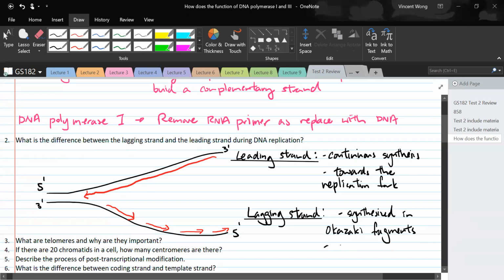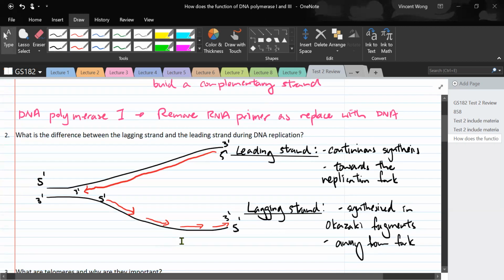And the direction is moving away from the fork, right? Both are still 5' to 3', but in relation to the replication fork, one is going into the fork, the other is going away from it. And that is that.